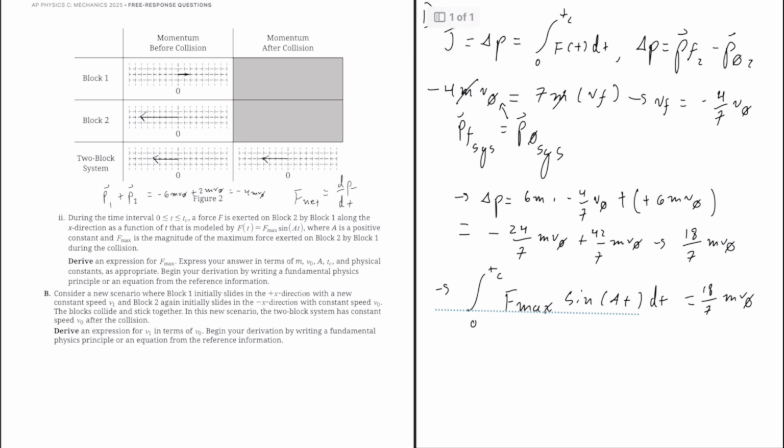And I know f max is a constant, so I can just pull that out. Sine a t dt equals 18/7.